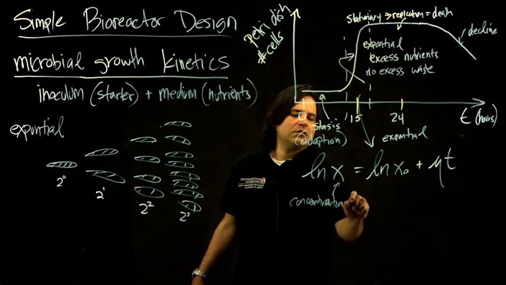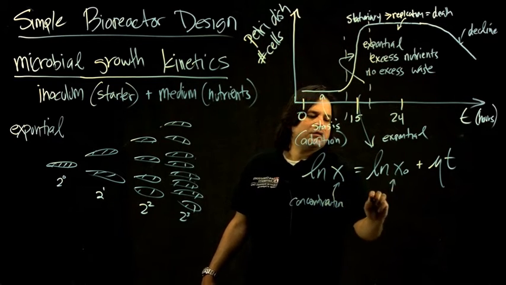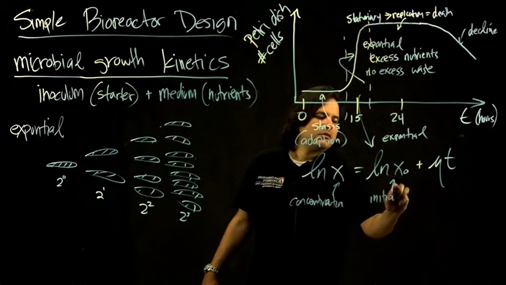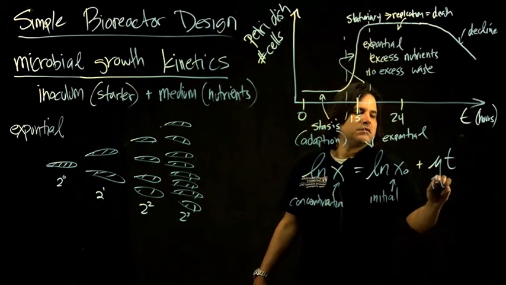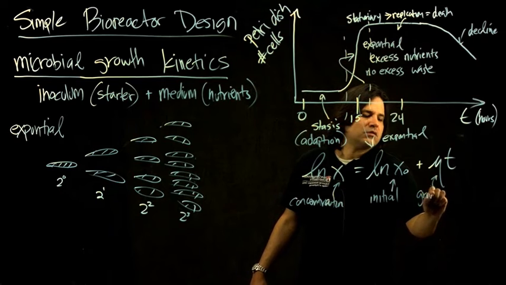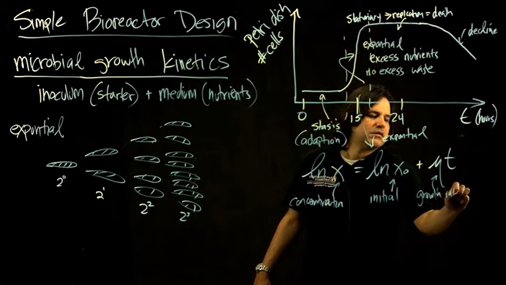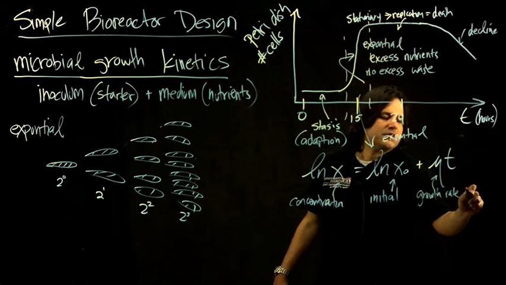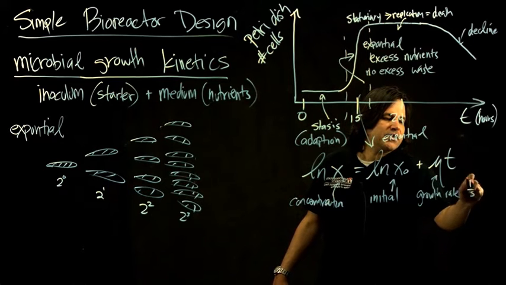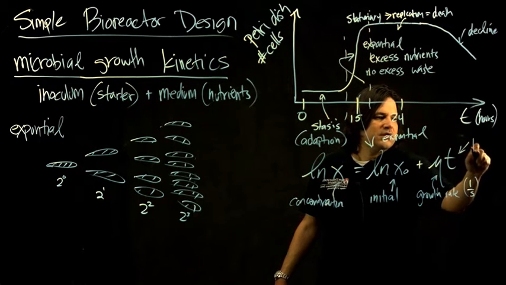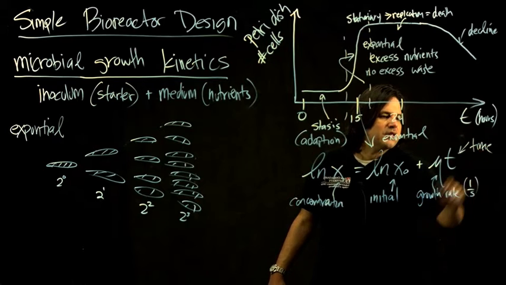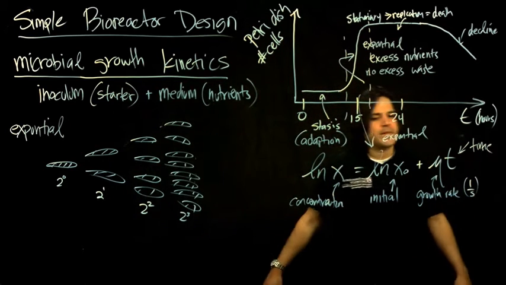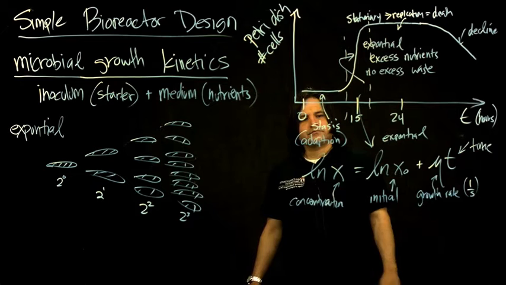Concentration, this would be the initial, and this is some growth rate. Here it's assumed to be constant, and that's 1 over second, and this is the time in this specific period. That's how the math would look.